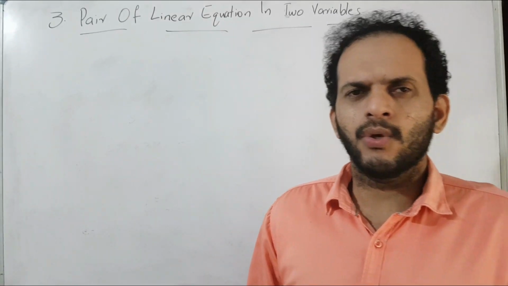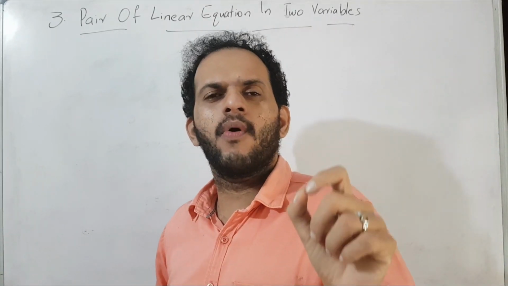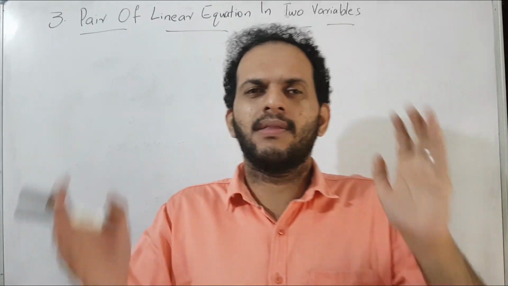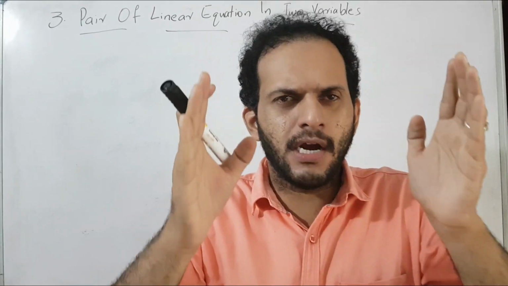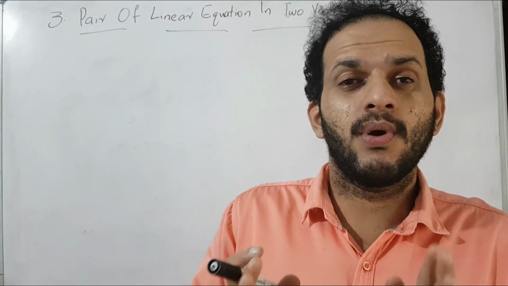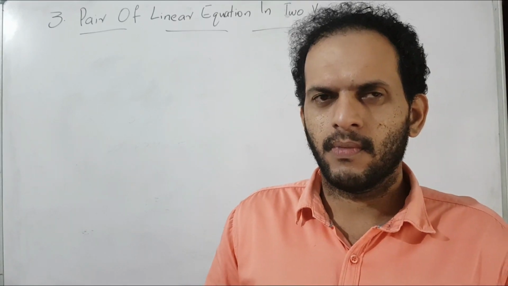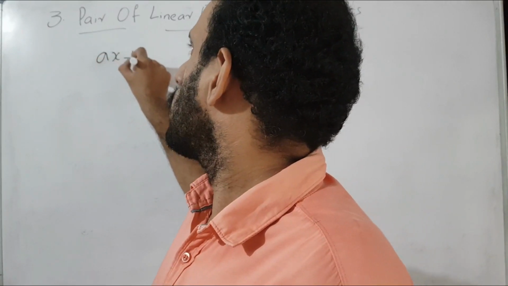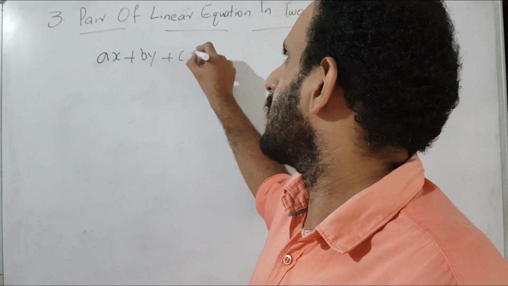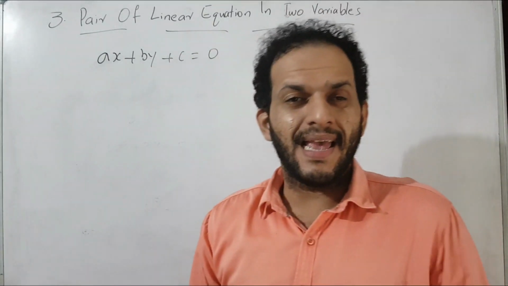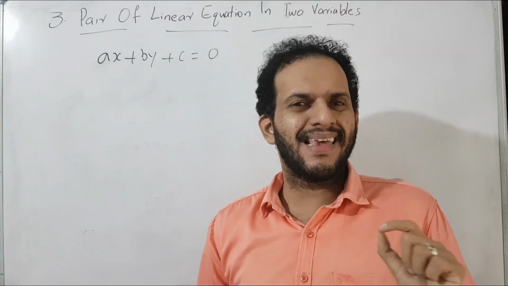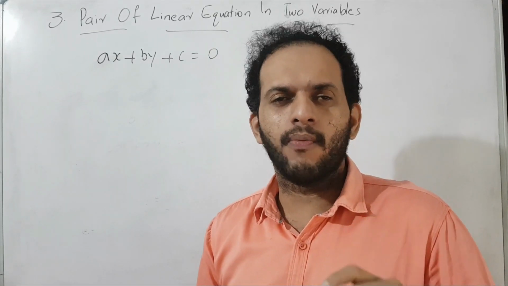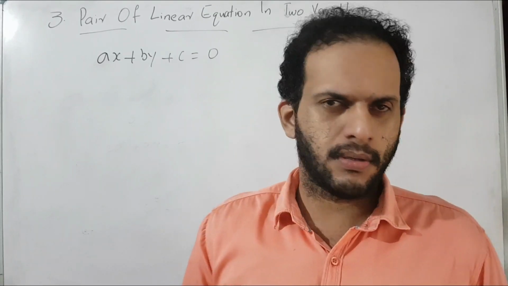Now just recall: what is the general form of a linear equation in two variables? Do you remember the general or standard form? Yes, that one is ax plus by plus c is equal to 0. This is the standard form or general form of a linear equation in two variables.